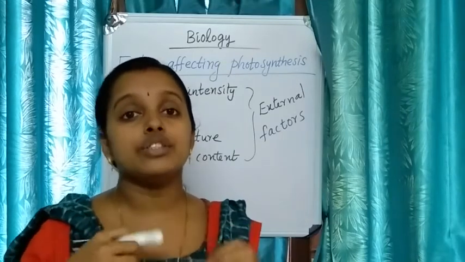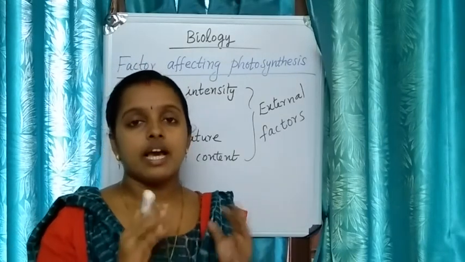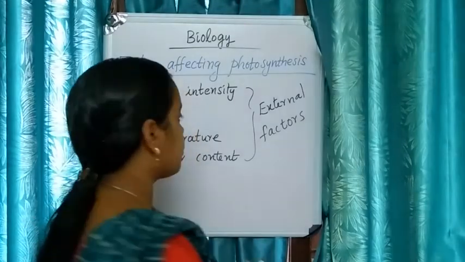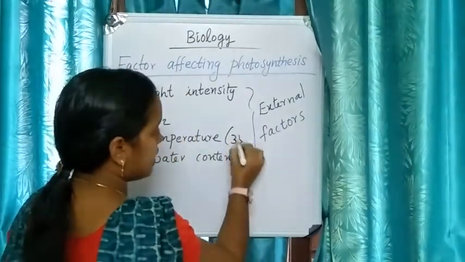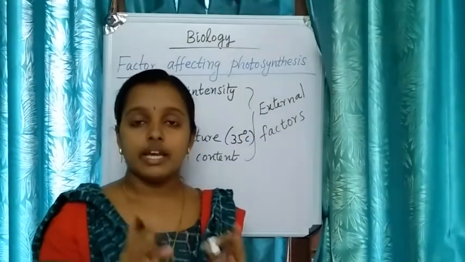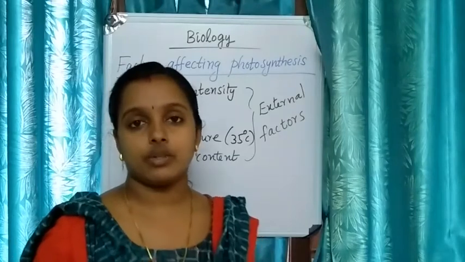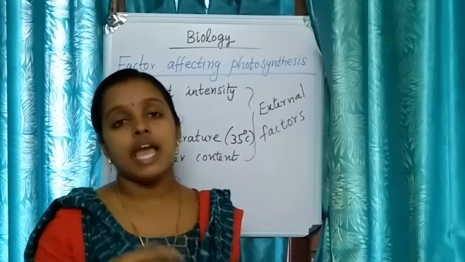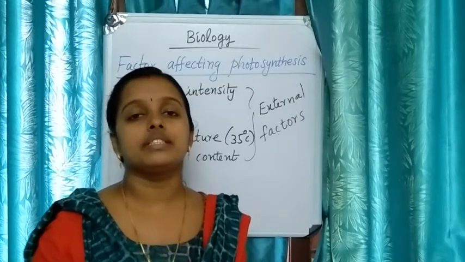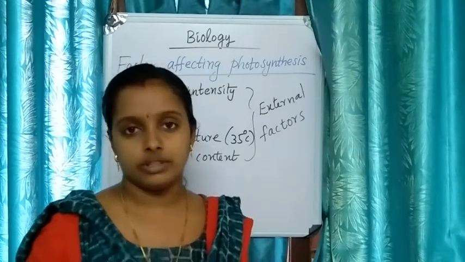If the temperature is too high, 35 degrees Celsius is the optimum temperature for the proper functioning of the enzymes. At 40 degrees Celsius or above, enzymes will be destroyed, so that will adversely affect the rate of photosynthesis.